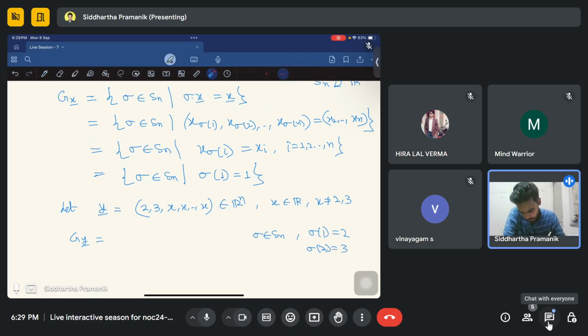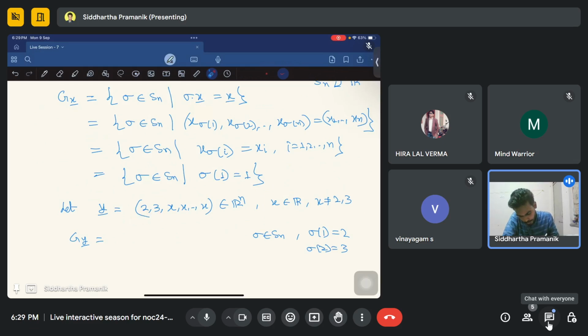No, actually your sigma, look at the definition. Your sigma should not affect your y, right? So it means whatever sigma you apply, it should fix the first coordinate and the second coordinate.